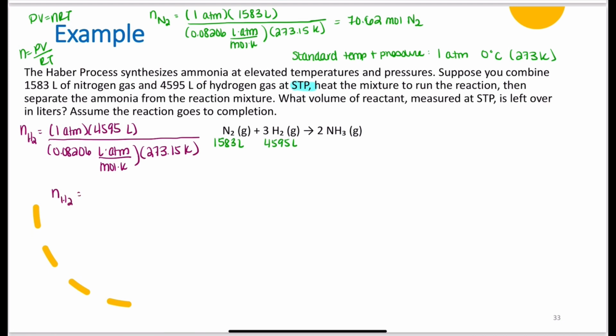N of H2, 205.0 moles. So again, I can't just look at those numbers of moles and tell you which one's limiting reactant. I have to compare the two.